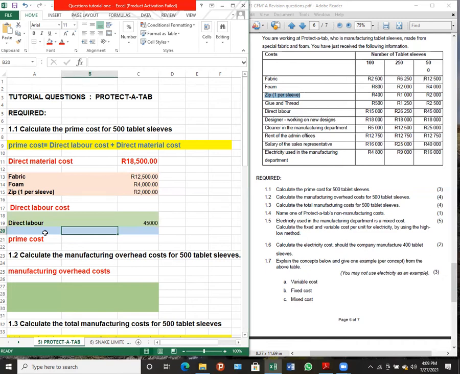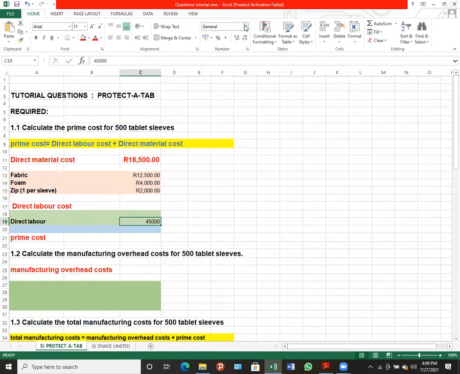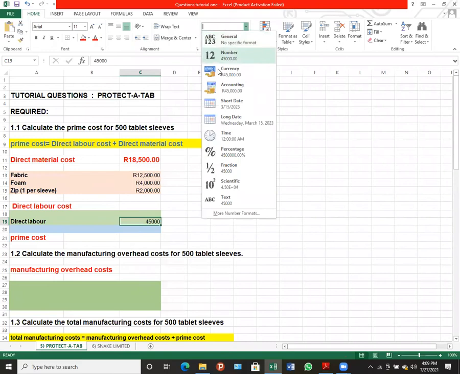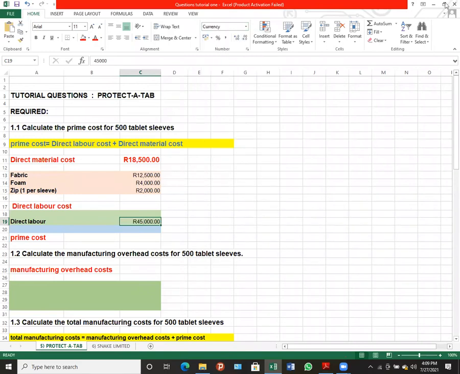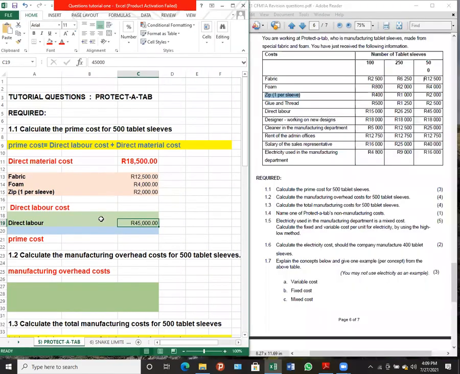Some of you get confused when it comes to identifying whether the labor is indirect labor or direct labor. We have only one direct labor here.